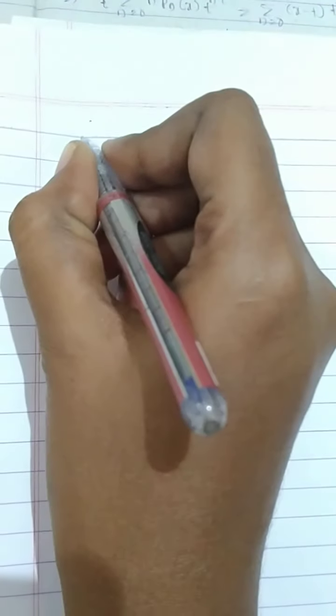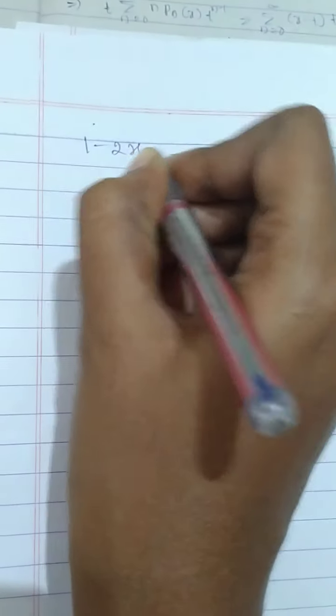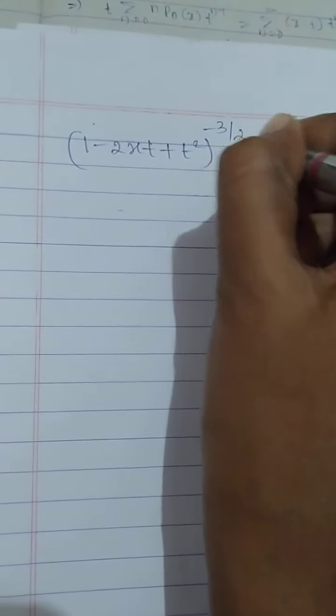So how will I write it? 1 minus 2xt plus t square to the power minus 3 by 2 I have.